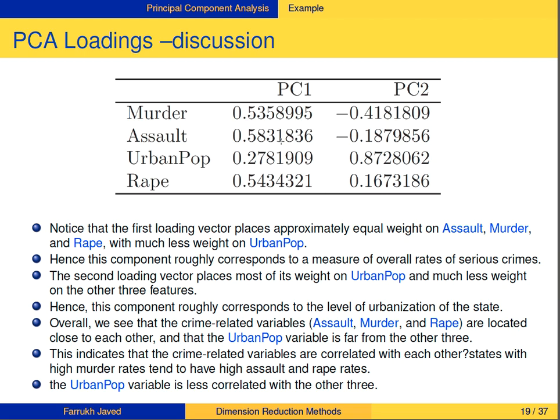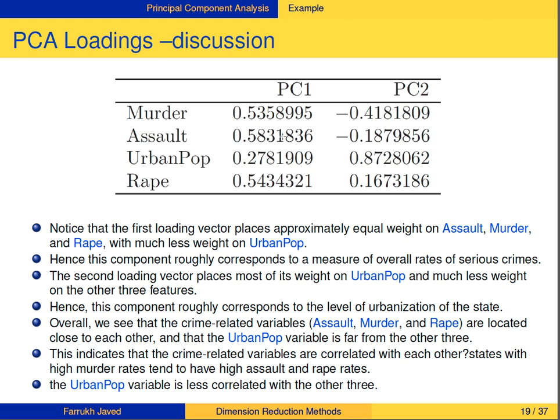It doesn't happen very often, but in this particular example PC1 explains crime, because PC1 has high weightage for crimes. Also PC1 puts somewhat similar weight on murder, assault, and rape, but it describes very little variation about urban population.